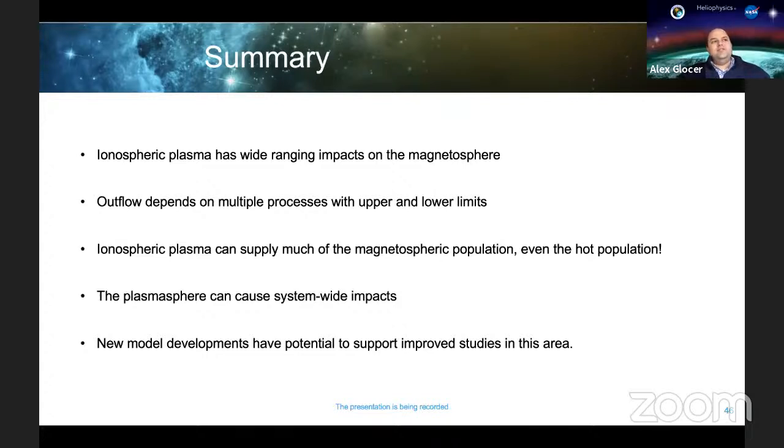So that's an interesting question. My supposition was that it was source limited, but it turns out it depends on what you define as the source region.